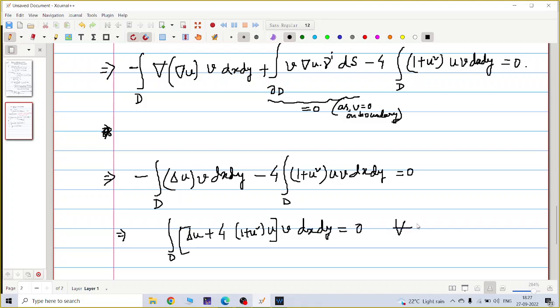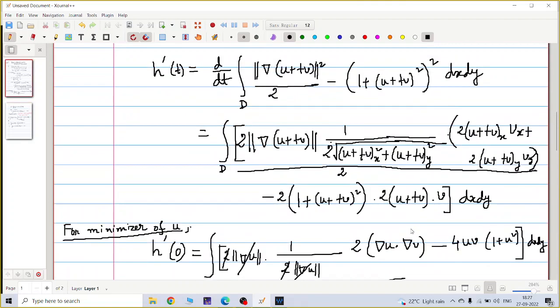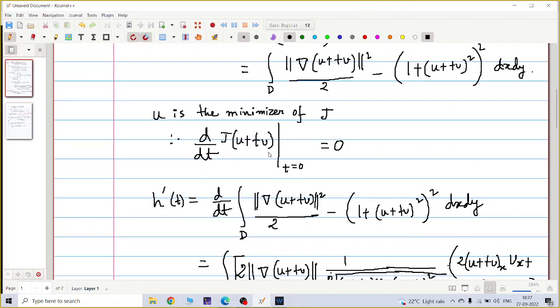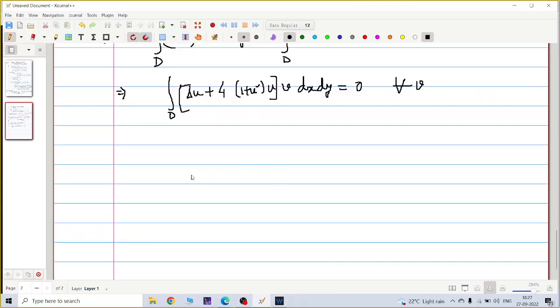I am taking arbitrary v, as J of u plus tv, and v is anything. Since this is true for all v, this part, Laplacian u plus 4 into (1 plus u square) into u, is equal to 0.